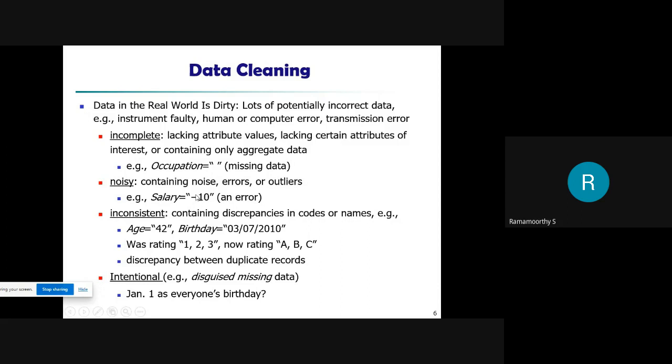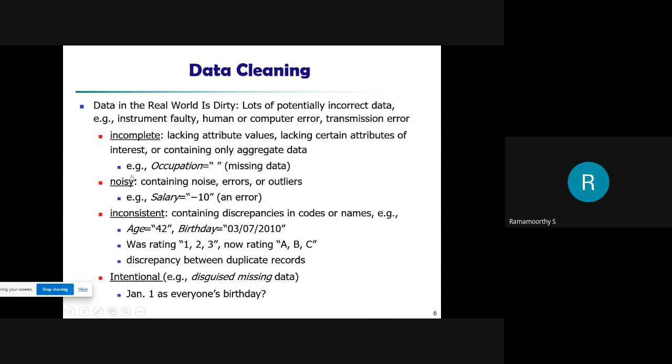Logically there is no negative value assigned for any salary, right? So containing noisy data and there is an error, and if any data falls out of the range, that will be considered as an outlier. So all these data need to be cleaned by the data smoothing technique.